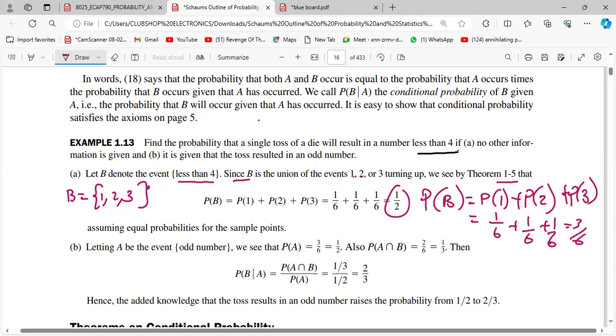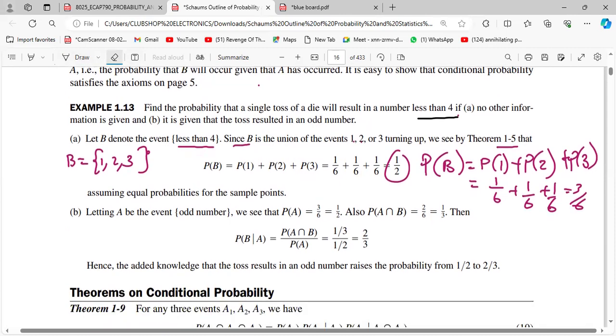If it is given that the toss resulted in an odd number, then, letting B be a number that is less than 4, we can say A is odd. All right.